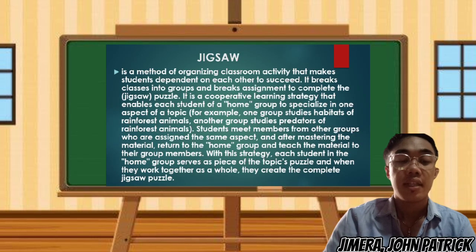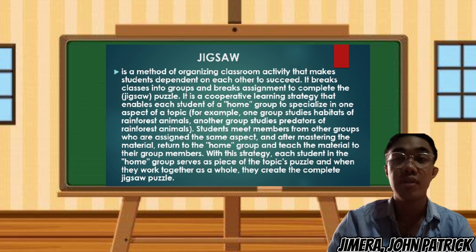Jigsaw. Jigsaw is a method of organizing classroom activity that makes students dependent on each other to succeed. It breaks classes into groups and breaks the assignment into pieces to complete the jigsaw. Jigsaw is a cooperative learning strategy that enables each student of a home group to specialize in one aspect of a topic.